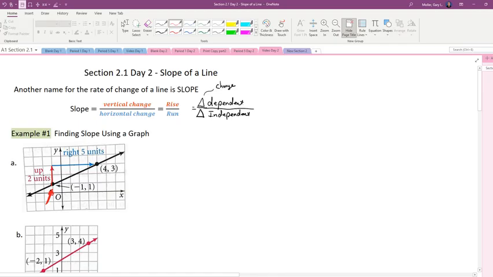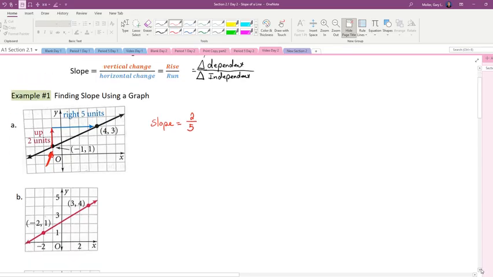And then we go over 1, 2, 3, 4, 5 units. So it's up 2 and to the right 5, both in the positive direction. We're going up and we're going to the right. So we would say the slope is equal to 2, the rise, over 5, the run. And that's it.